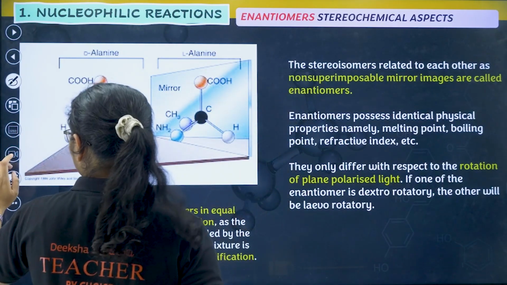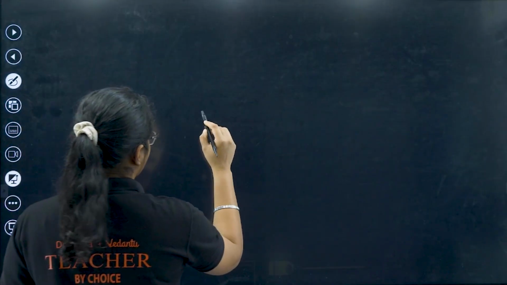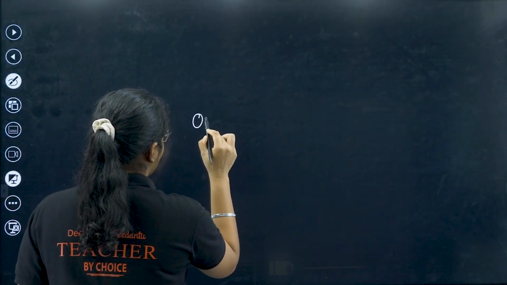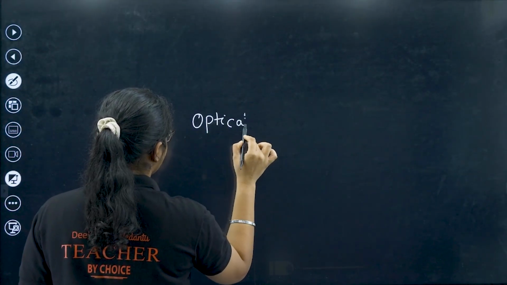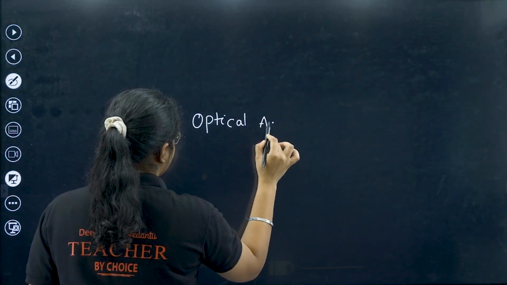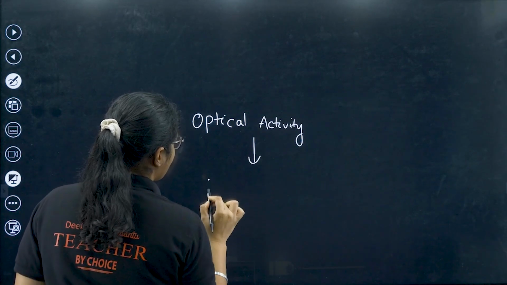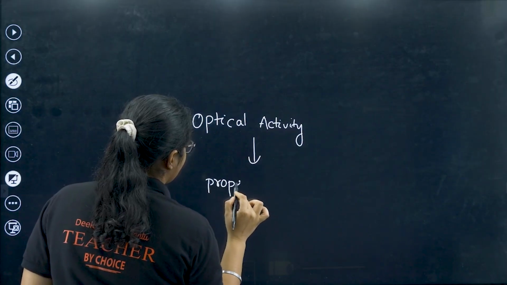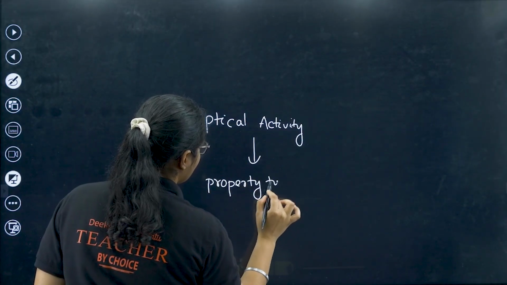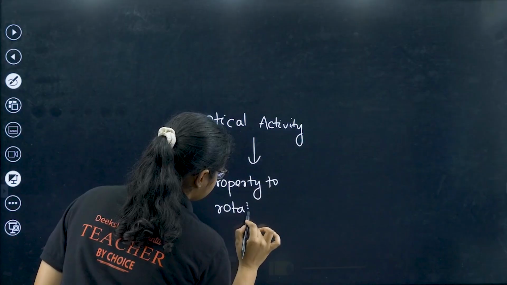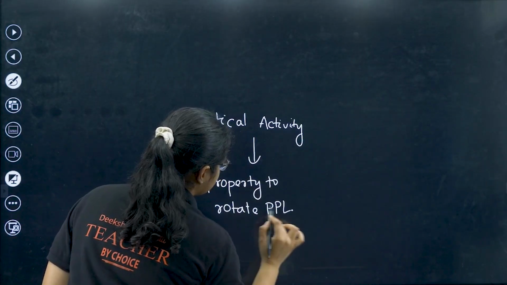I just want to take 1 minute to recollect everything. First of all, we studied optical activity. What is this? Optical activity is the property to rotate plane polarized light.